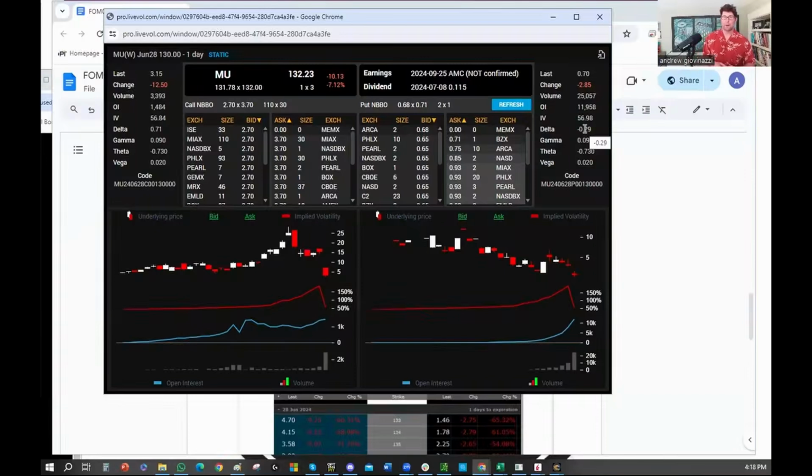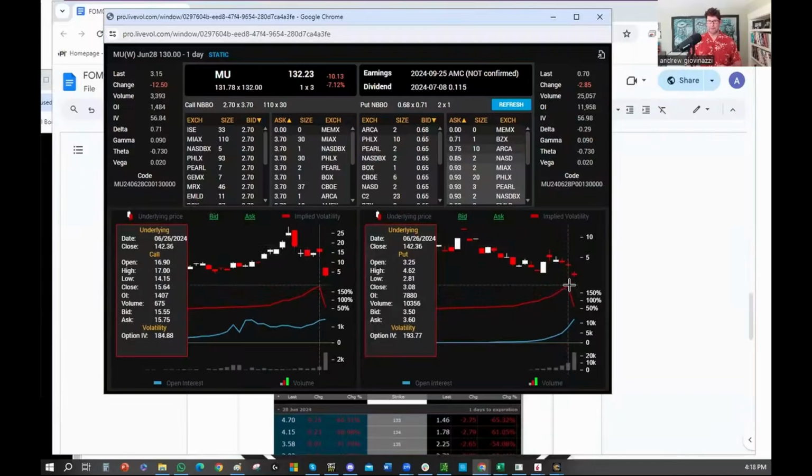So this particular trade, what happened is his delta compressed from pre-earnings to post-earnings. And the reason you can see here is you had a closing volatility of 193%. And by the end of the day, the volatility of the option was 57, let's call it 56, 57%.